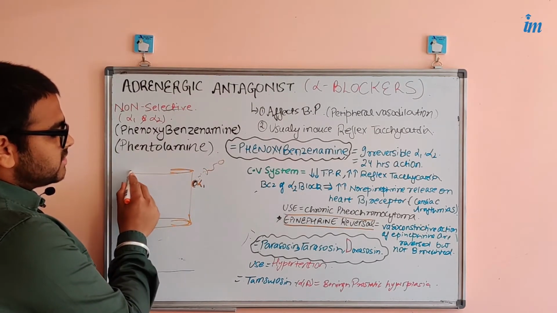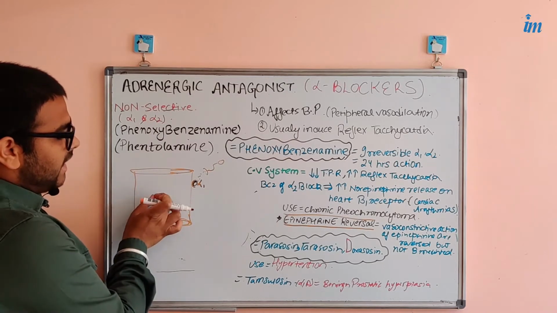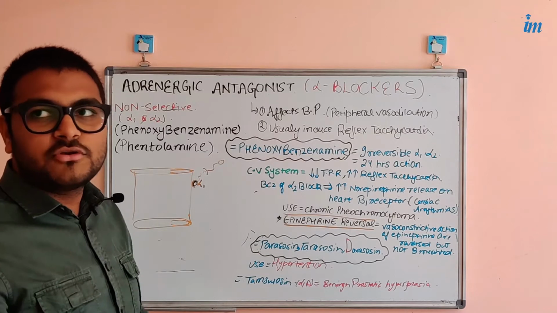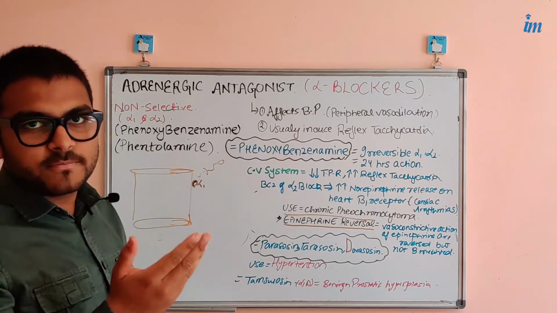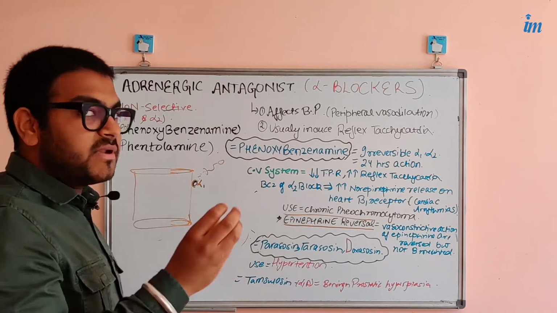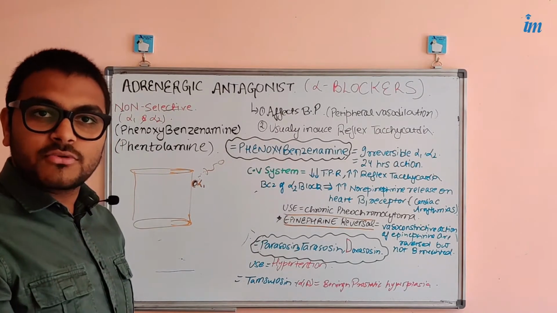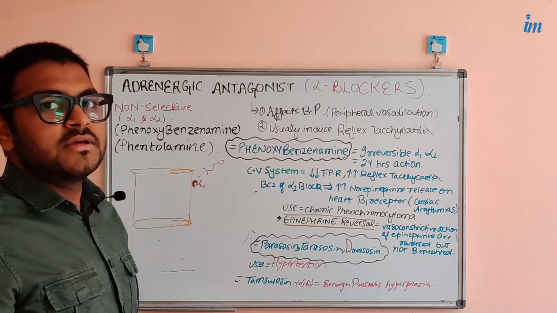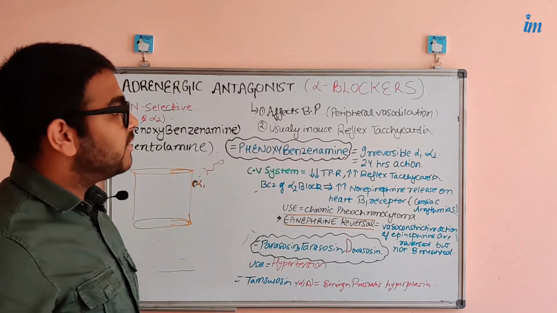In the dilated vessel the volume has increased. We know the reverse relationship between pressure and volume: as the volume of the vessel increases, the pressure in it will rapidly fall. This is how alpha 1 antagonists can rapidly lower your blood pressure.